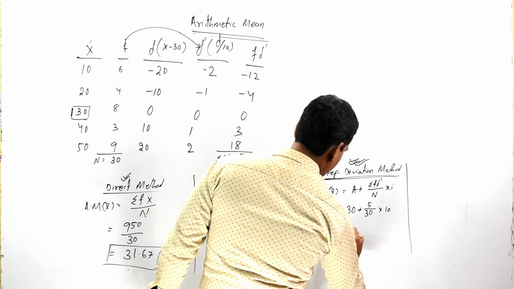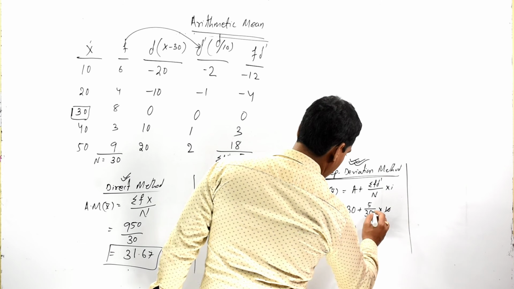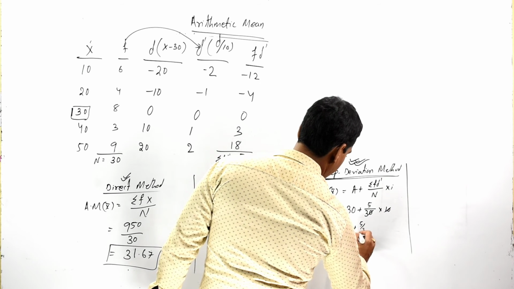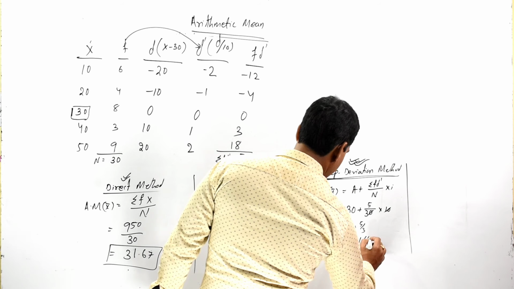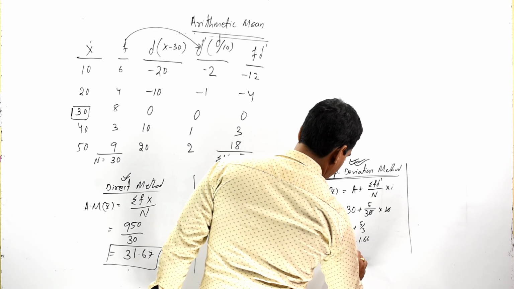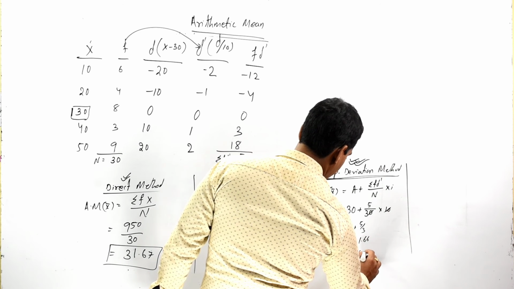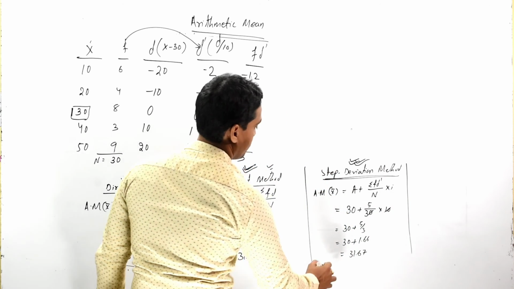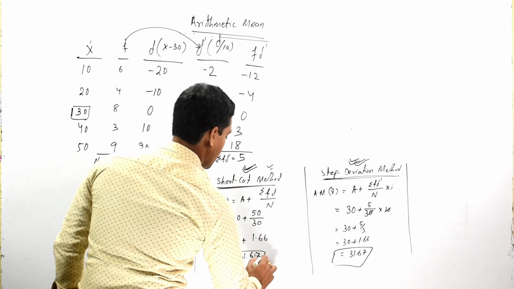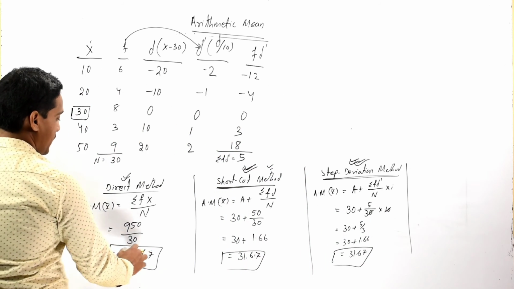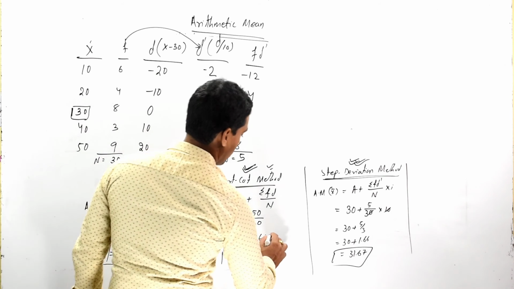So our value is 30 plus, with the 0 cancelling, 5 by 3, that is 30 plus 1.666, that is 31.66 or 31.67.